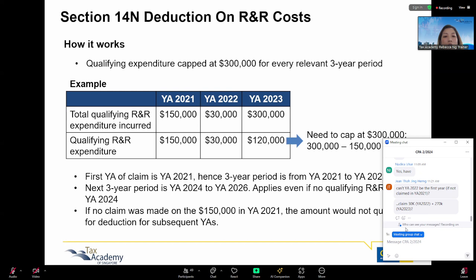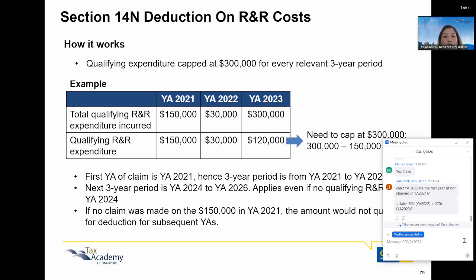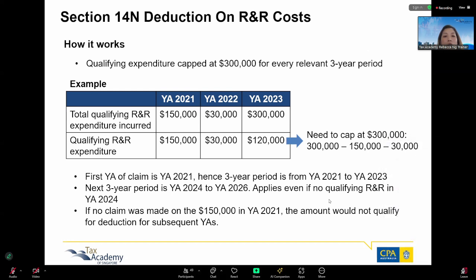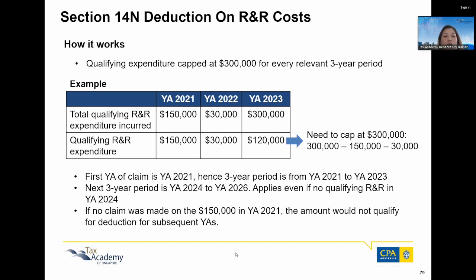How do I arrive at 120,000? I use 300,000 minus the 150,000 claimed in YA 2021 and the 30,000 in YA 2022. Do note that for this example, the first year of claim is YA 2021 and the last year of claim is YA 2023.